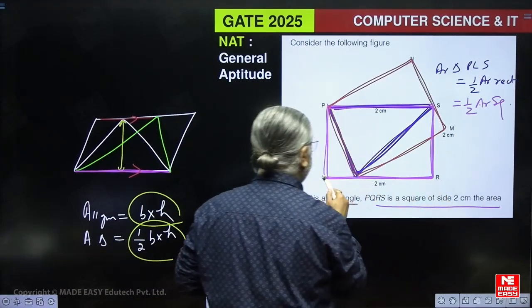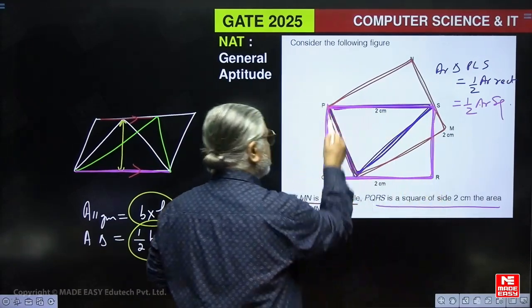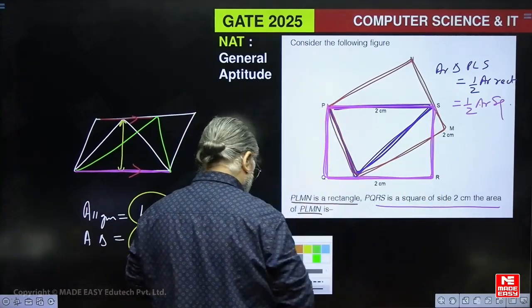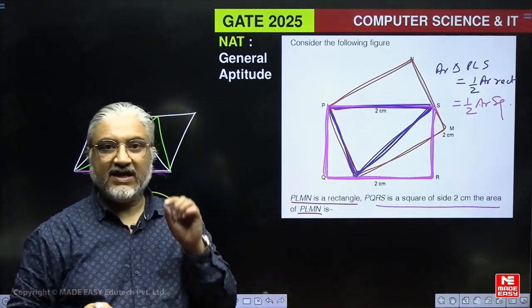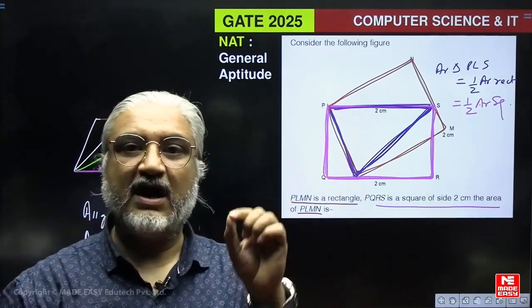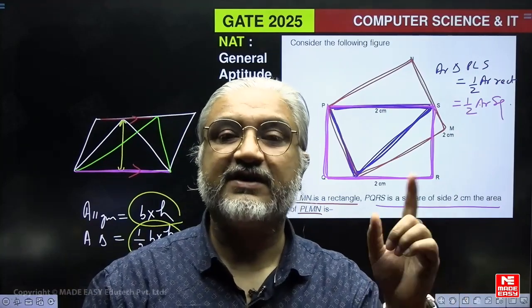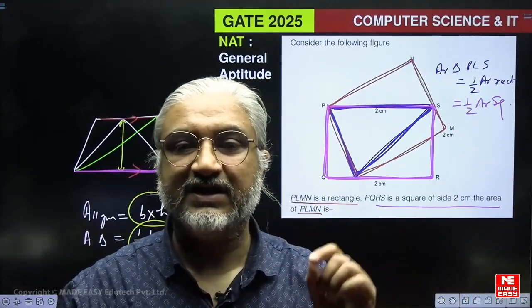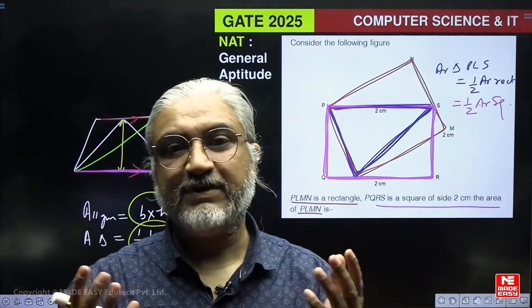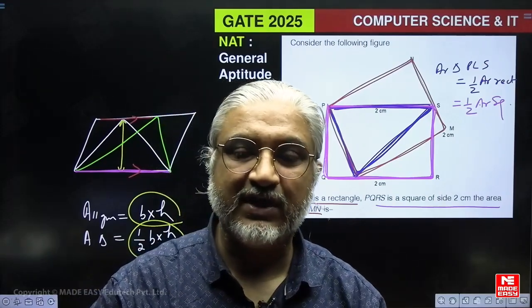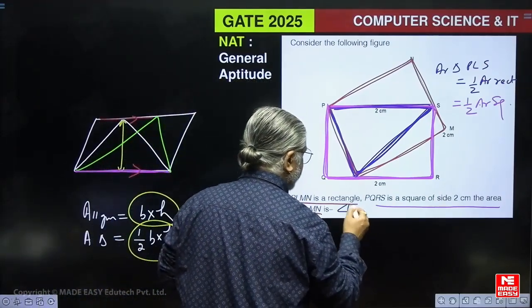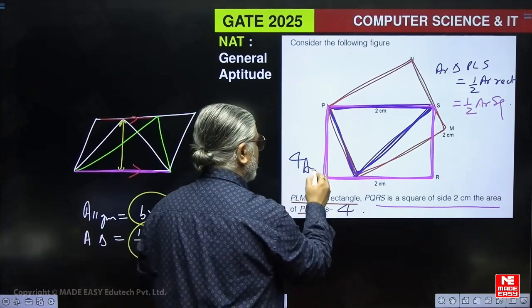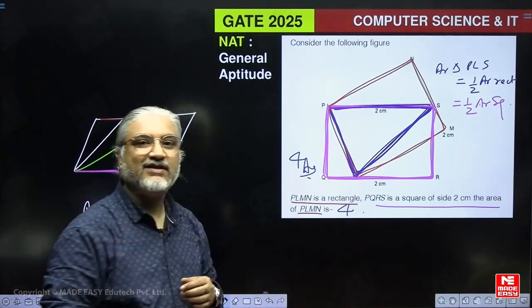This pink square and the blue triangle stand on the same base and between the same parallels. Area of the triangle is half the area of the rectangle as well as half the area of the square. So that means area of the rectangle is equal to area of the square. The area of the square was 4 unit, hence the area of the rectangle will also be equal to 4 unit, hence the answer.